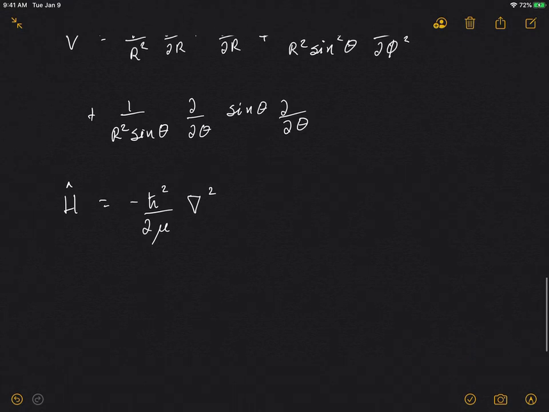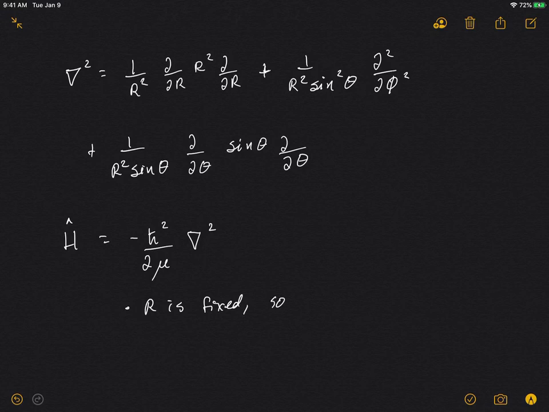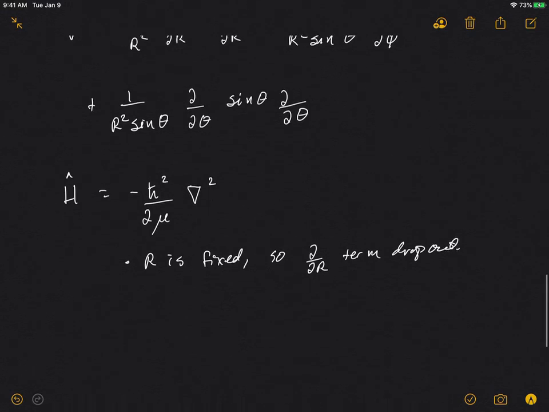Okay, so then if we combine these, first, big R is fixed. So the first set of derivatives with respect to R drops out because our distance is fixed. It's a rigid rotor.